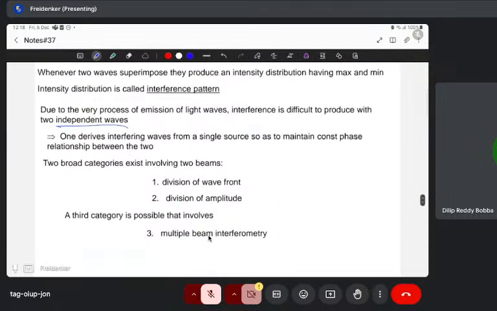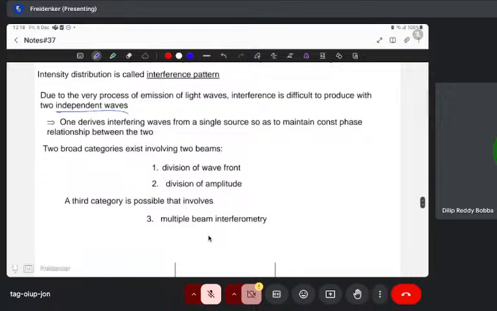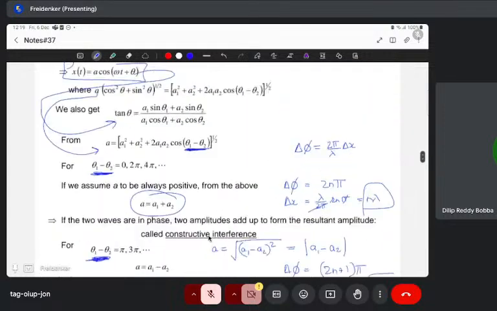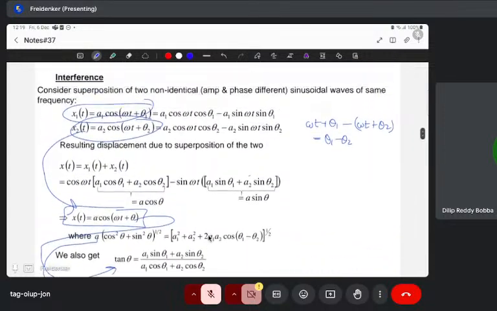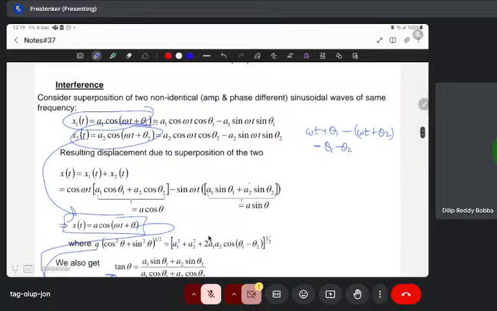Let's see. Yes, so constant phase relationship. What is phase? This is phase, right? That is phase.